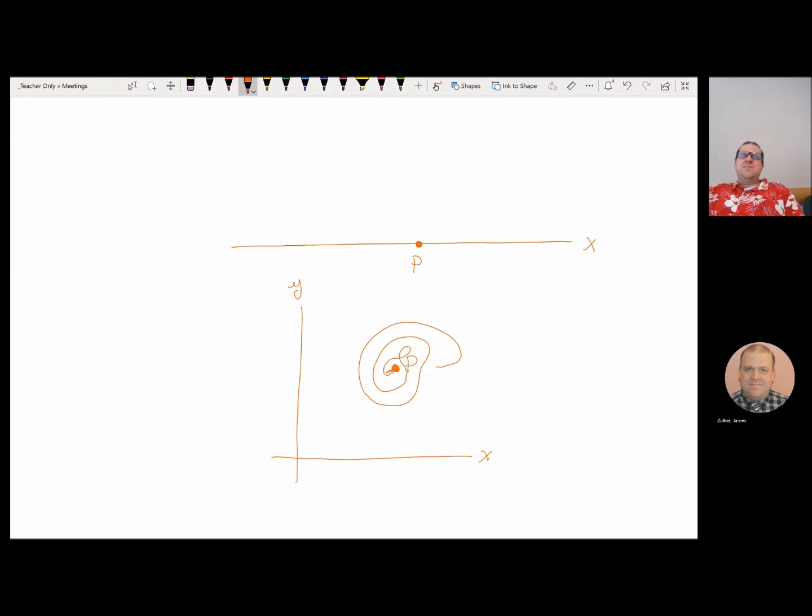Yeah, limits are not as easy anymore. You have also lost one of your favorite methods of evaluating limits. You've lost L'Hopital's rule. L'Hopital's rule only works for single variate. How do you take a derivative of a multivariate? Can't.